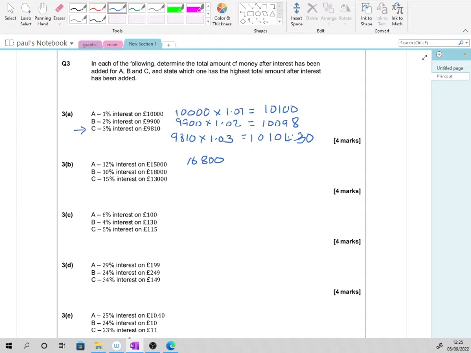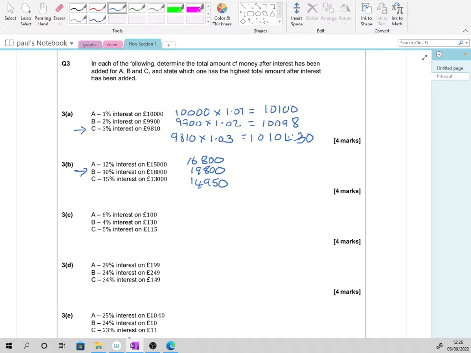So 18,000 times 1.1 is 19,800, and 13,000 times 1.15 is 14950. So the one with the most money in is B.